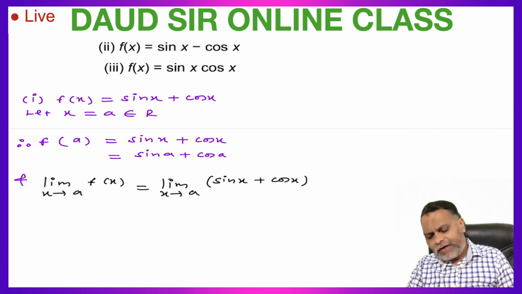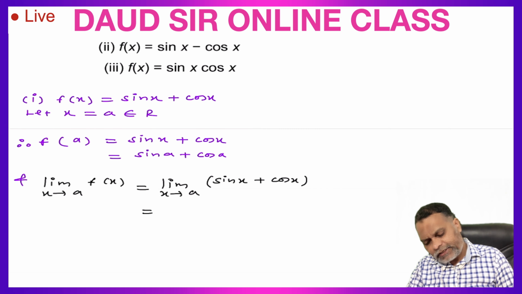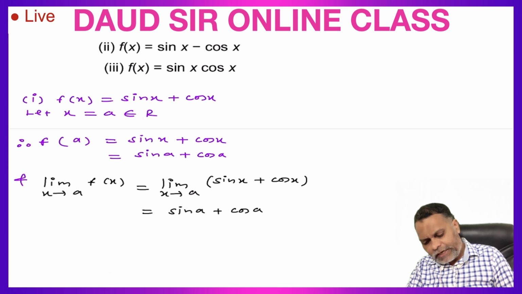This a is any real value, so we can substitute directly. x is equal to a, sin a plus cos a.